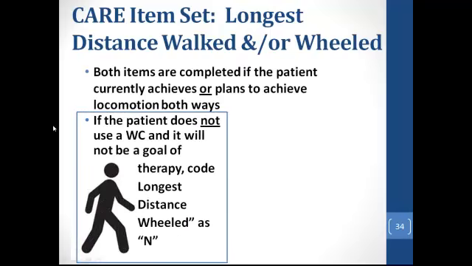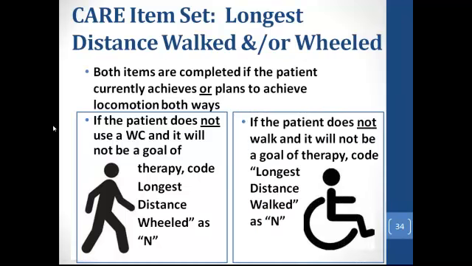So if a patient does not use a wheelchair, and it is not going to be a goal of the therapy plan of care, the patient only ambulates, then score the longest distance wheeled as not applicable. Conversely, if the patient does not ambulate, and it is not a goal of the therapy plan of care, and the patient only utilizes a wheelchair, score the longest distance walked as not applicable.